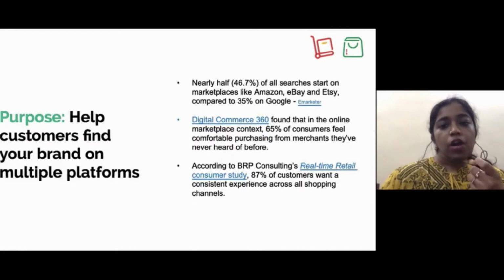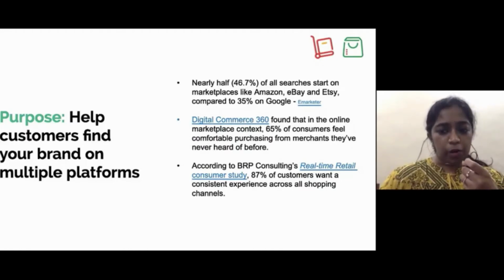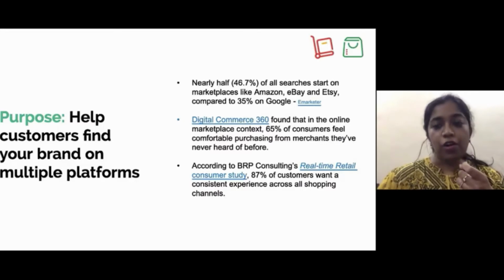People say people go to Google or any search engine to find products, but as you can see, 46.7% of people are going into marketplaces like Amazon or eBay or Etsy to find products that they want to buy. So if you are not there in those marketplaces, you could be missing out on being found by those people. That is why being available on marketplaces is extremely important for your brand.